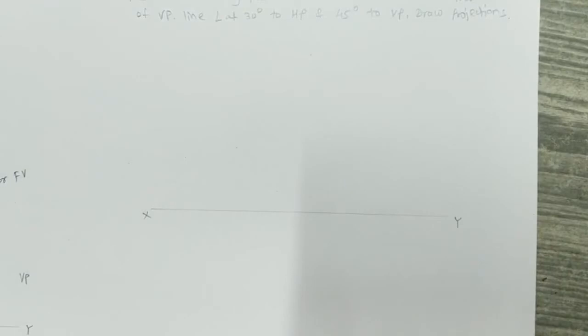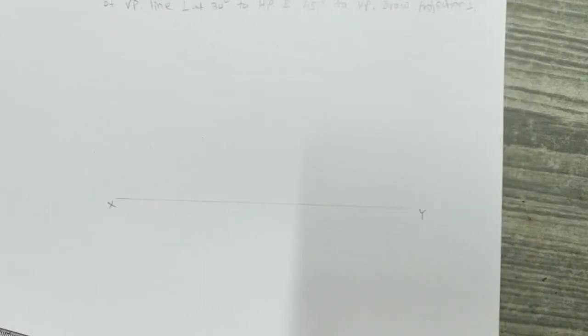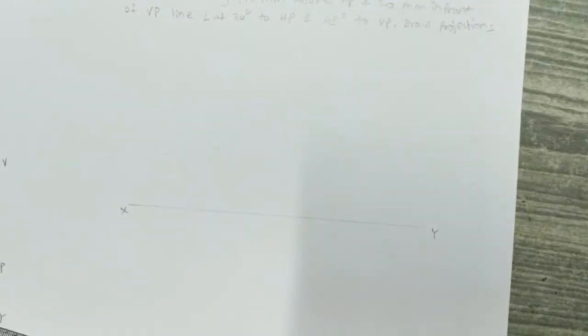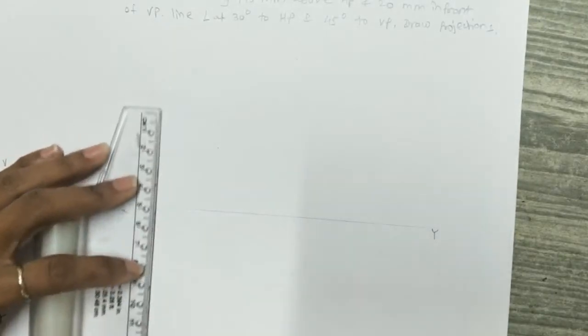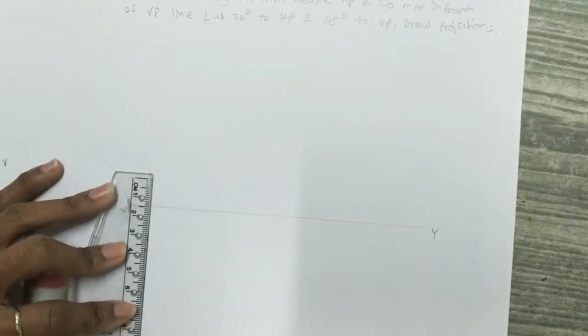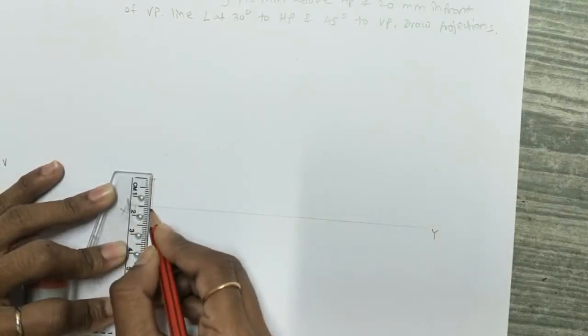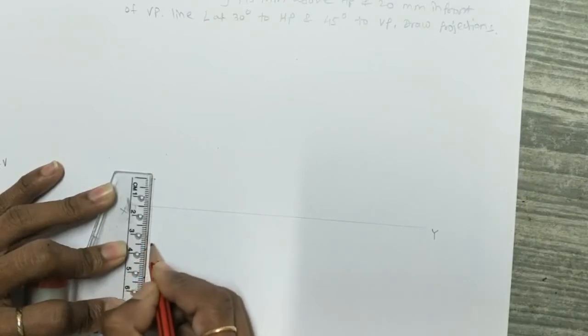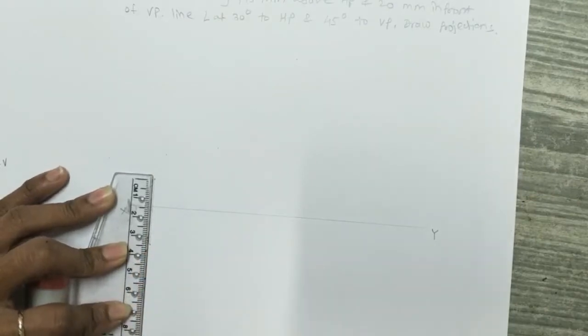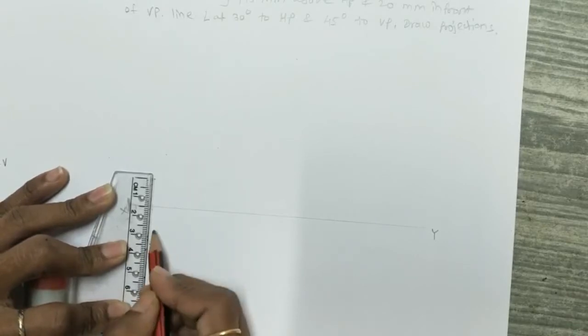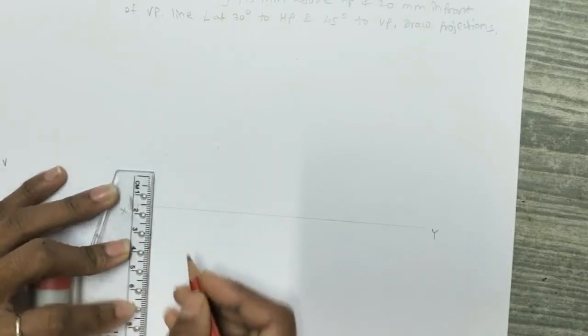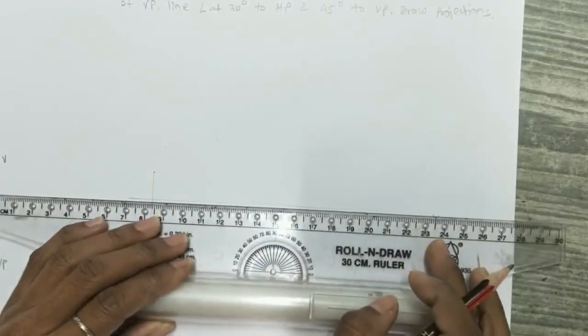Then, what distance is given? 15 mm above HP and 20 mm in front of VP. So measure 15 above and 20 below. Now draw lines parallel to XY from these two points.